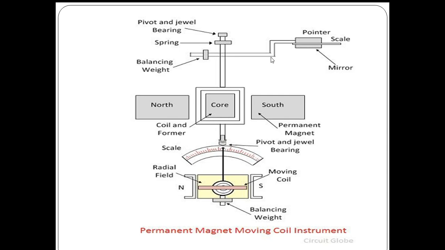For this frame the spindle will be attached, and this spindle will be connected to jewel bearings. In between the jewel bearings the pointer will be connected. So on the bottom and top we are having the bearings attached.